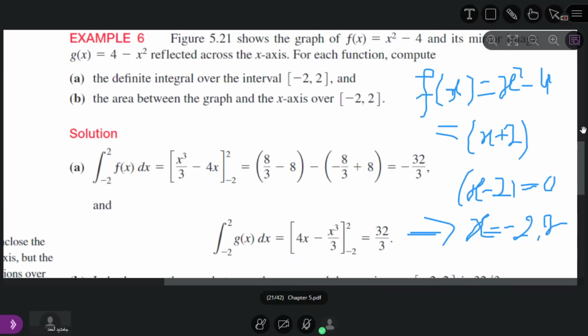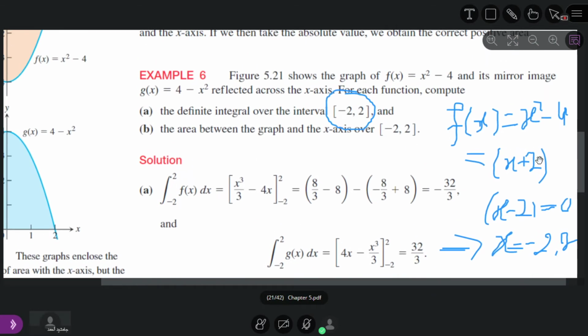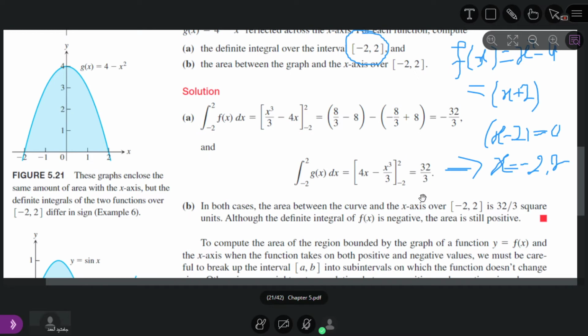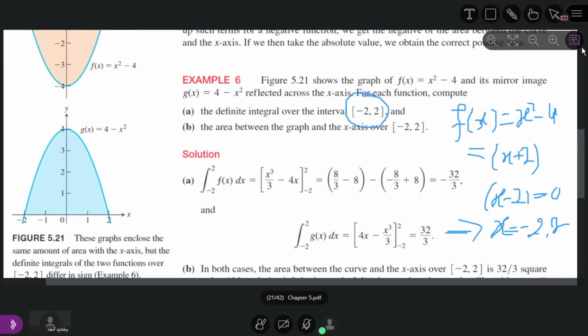So we see that the given interval is from minus 2 to 2. If we get another point, suppose we have 1 also, minus 2, 1 and 2, then we divide this interval into two sub intervals.